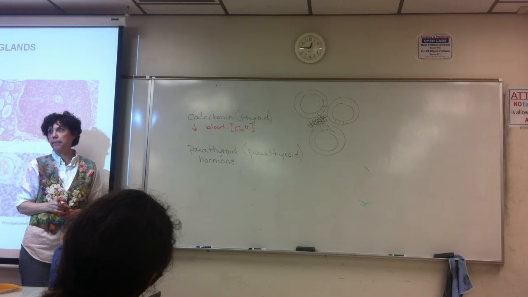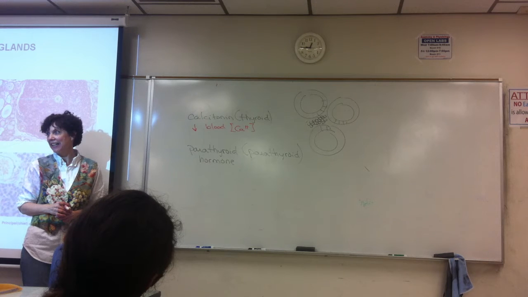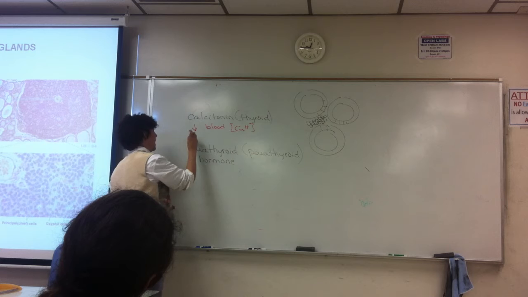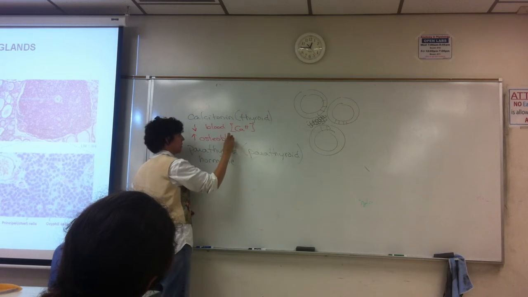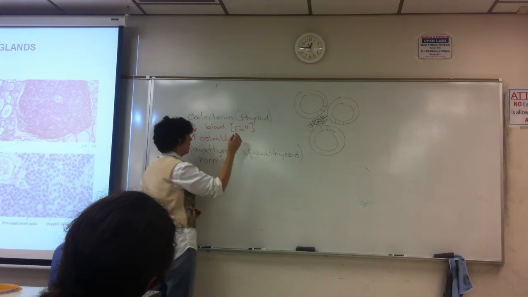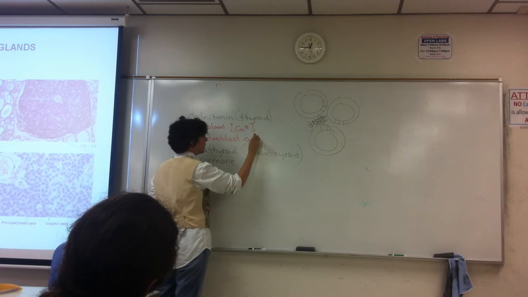And they do this by affecting what bone cells? Osteoblasts. So they increase osteoblast activity because they're making more bone matrix, and the calcium is deposited along the collagen fibers.